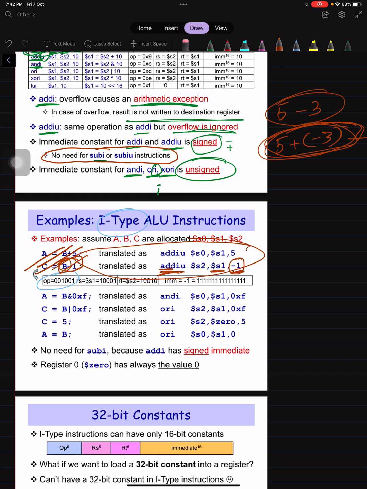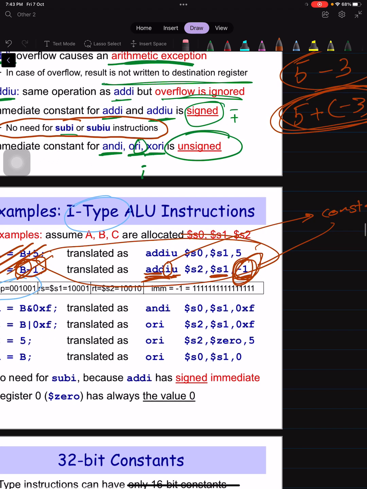So add using I type. What does I type mean? It means we want to use a constant. Where is the constant? This is the constant, minus 1. That's why we're using unsigned here, and we put the minus 1. When all of these bits are ones, it means it is minus 1 in decimal, using the two's complement rule.